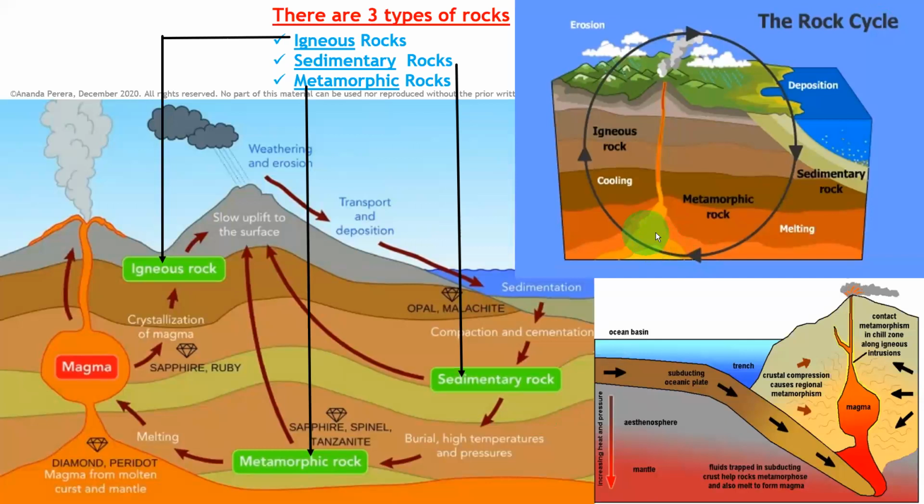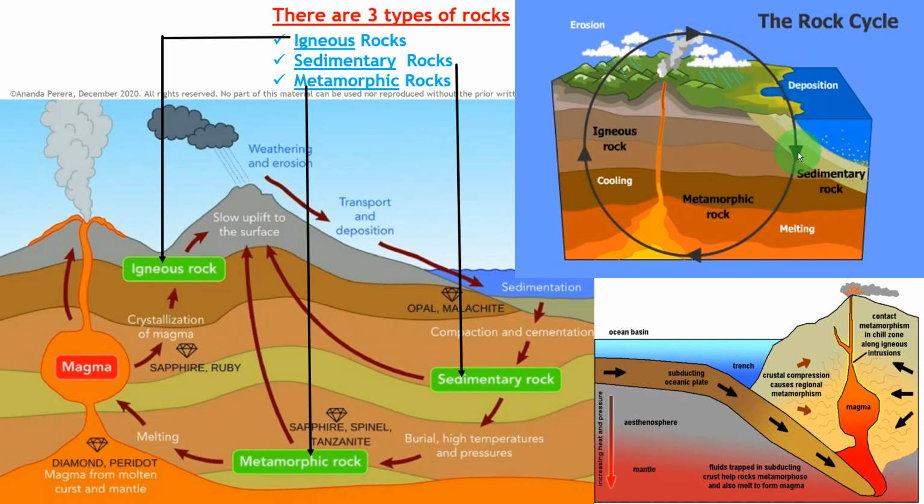Look at this. Lava. Melting lava is inside the earth. It is moving through this tunnel to the top and goes through the ground. Then when it is getting erosion, it comes this way, deposition.